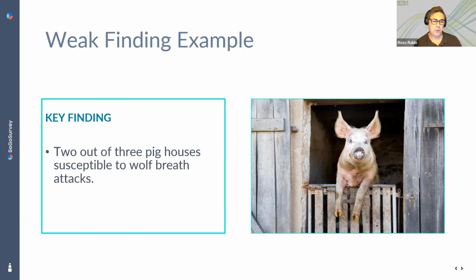It would certainly not be inaccurate, if I were doing a research study on the pig housing market, to have a key finding that notes that 2 out of 3 pig houses are susceptible to wolf breath attacks. If you're familiar with the story, that is absolutely true. And not only that, it is even quantitative. So we've got good quantitative support for the story there.